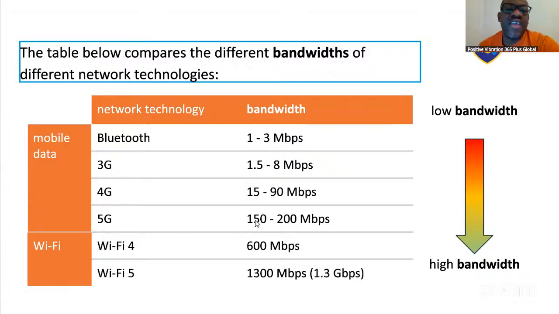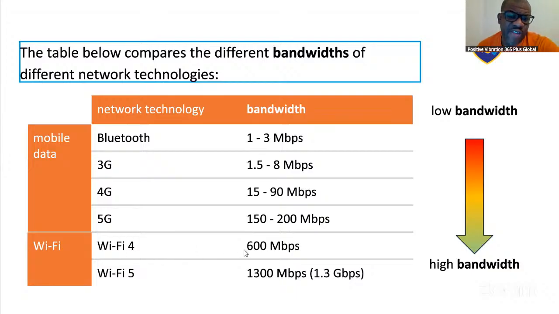If you have 5G, it is anywhere between 150 to 200 million bits per second. So you can understand why on 5G you are able to play games, you can do so much more, people can connect, and the internet still moves quickly. All right, cool.